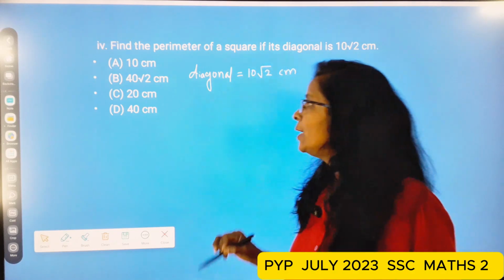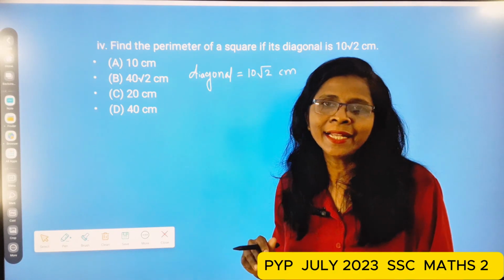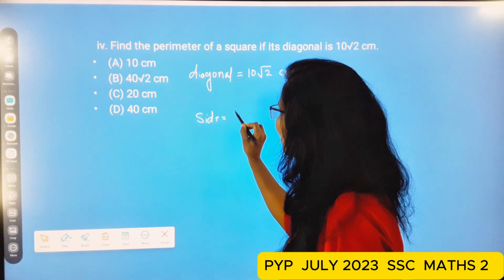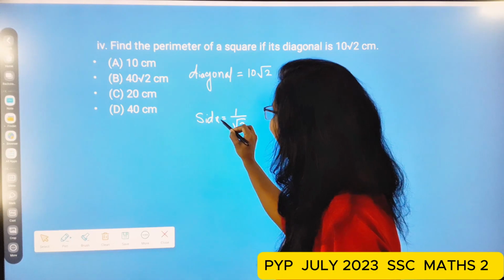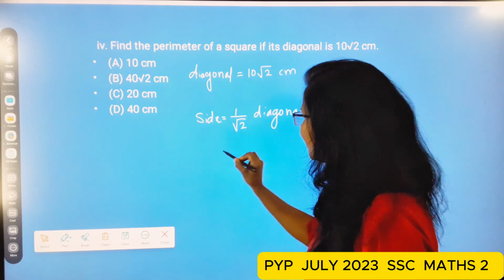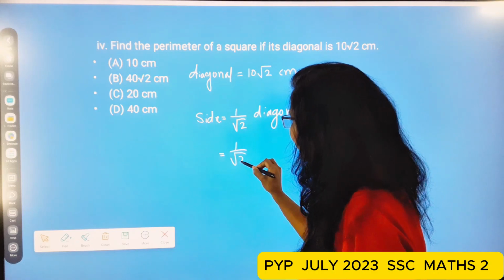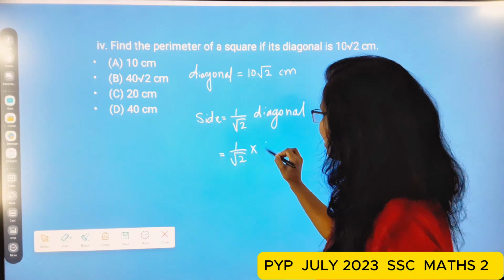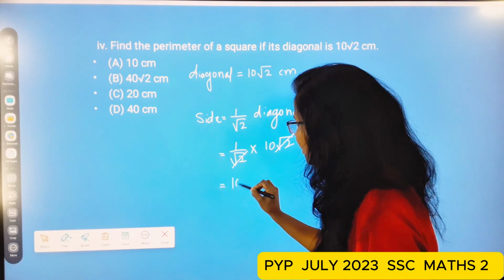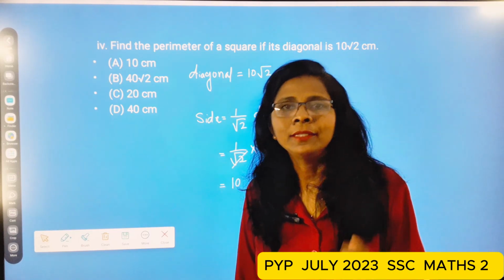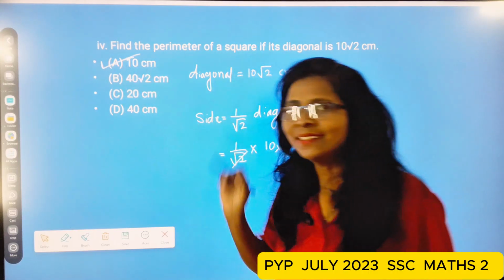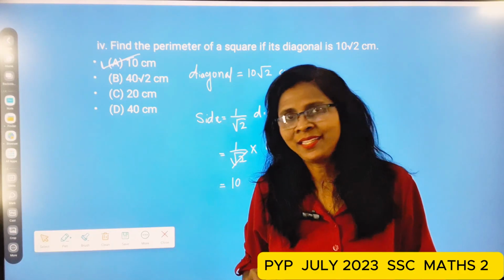We know the formula from the 90 degree angle triangle: side is equal to 1 upon root 2 multiplied by diagonal. The diagonal is 10 root 2, so root 2 gets cancelled and it will be 10. So side is equal to 10 centimeter.